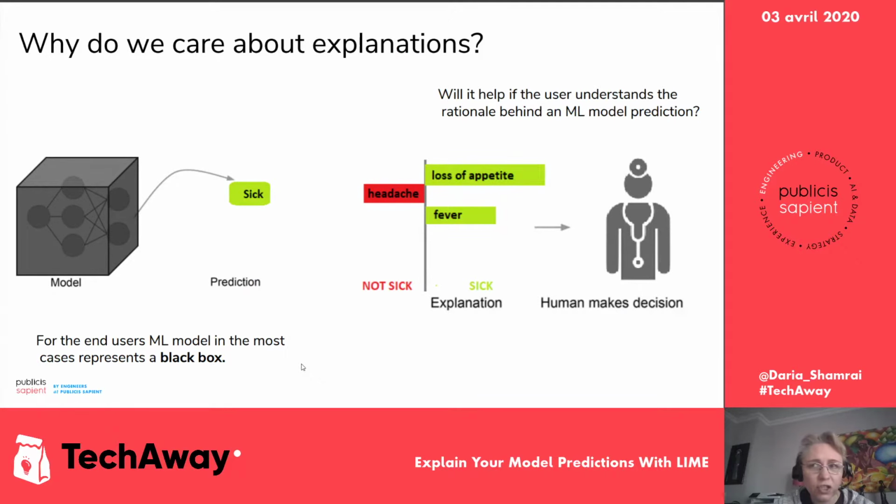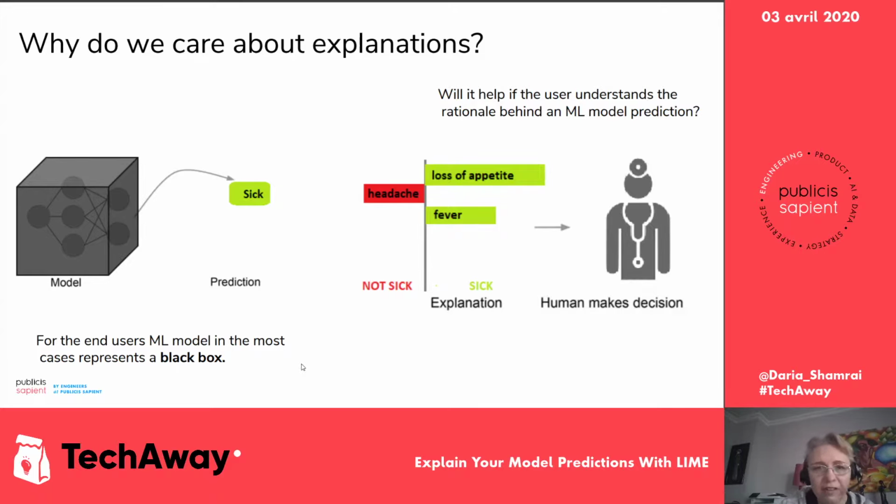They ask this mainly because for the users, your machine learning model is typically a black box. They shoot data in, think that it does some black magic inside, and it comes up with a prediction.